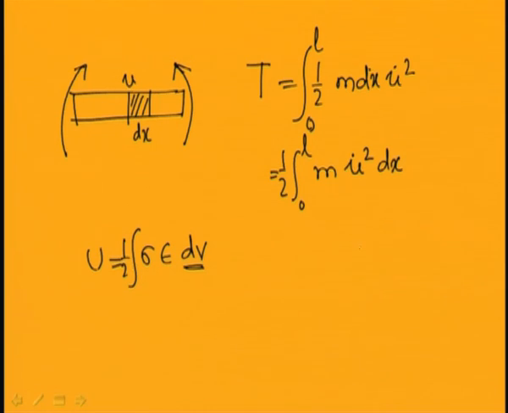Already we know the relation between stress and strain: stress by strain equal to E. So, I can write this expression by substituting the strain with sigma by E. So, this becomes sigma square by E dV.